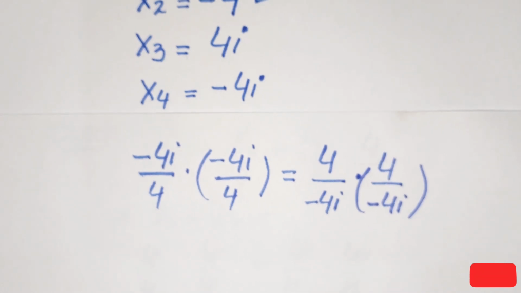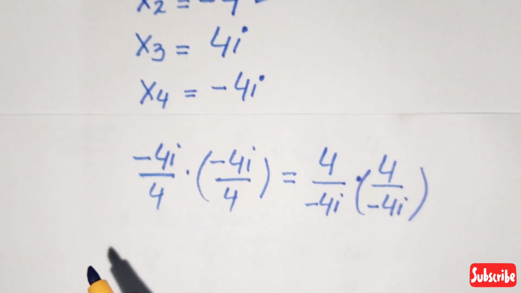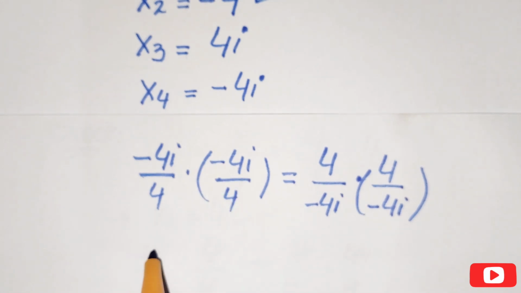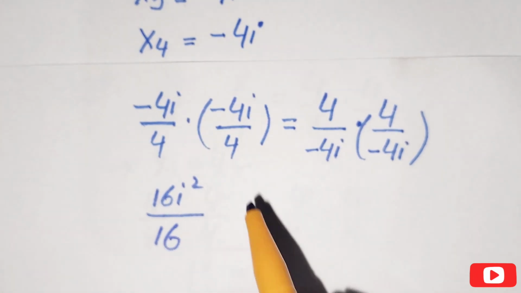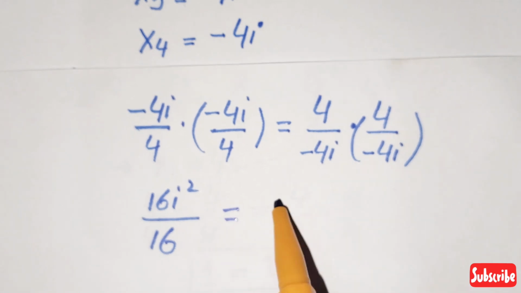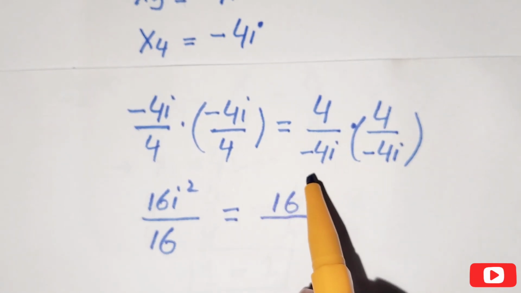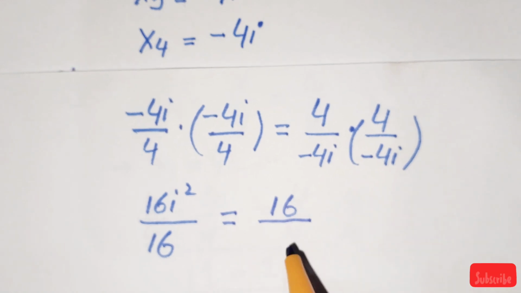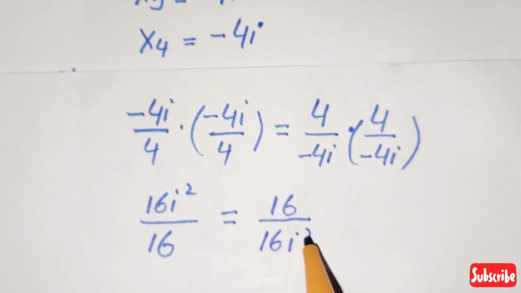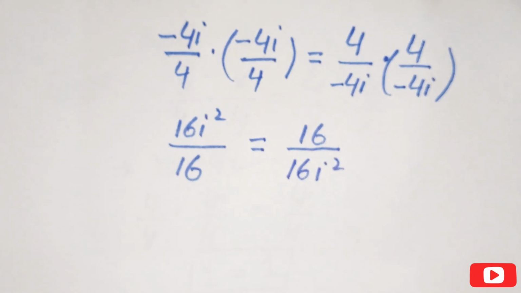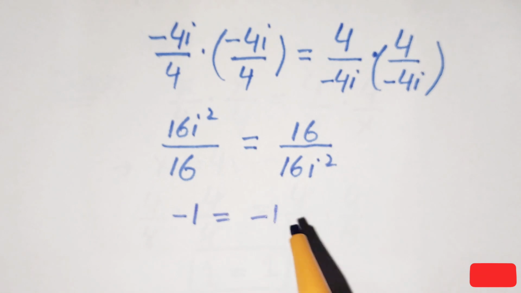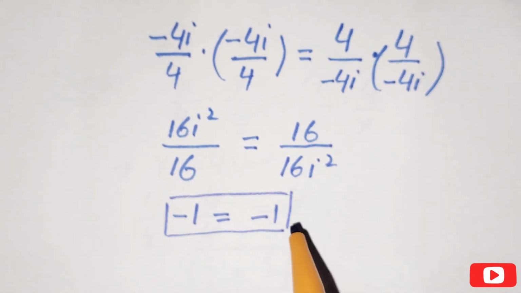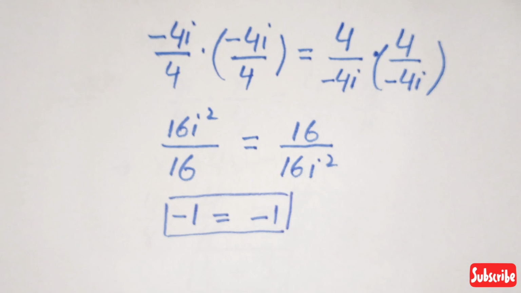Minus times minus is plus, we get 4 times 4 is 16i squared, and then 4 times 4 is 16. So on the left side 16i squared, and again we know that 16 cancelling by 16, it is equal to minus 1, and on the other side it is also equal to minus 1. So both sides are equal, left hand side is equal to right hand side.